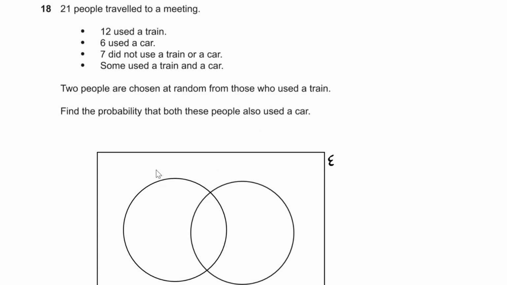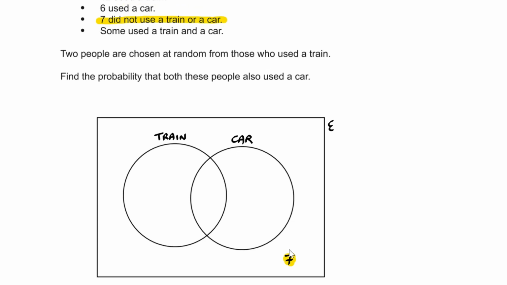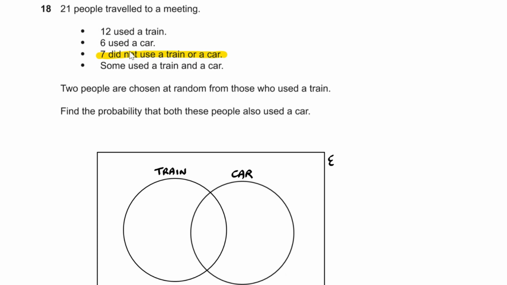If we call this train, and call this car, well, what we see over here is 7 people did not use a train or a car, so 7 goes outside over here. So let's just mark that on. We've got 6 in total who used a car and 12 in total who used a train.